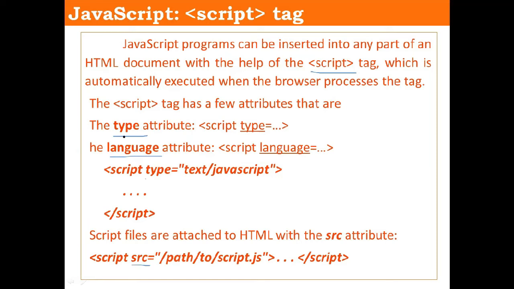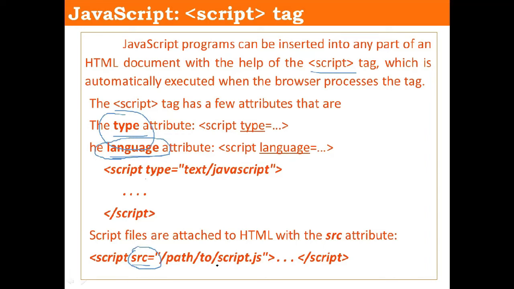Type means what type of scripting language we are using inside the browser. That will be mentioned in the type attribute. Then the language attribute: what language you are using, whether it is JavaScript, VBScript or Python, likewise we can have it in the language attribute. Then source. This is important to import the external JavaScript file.